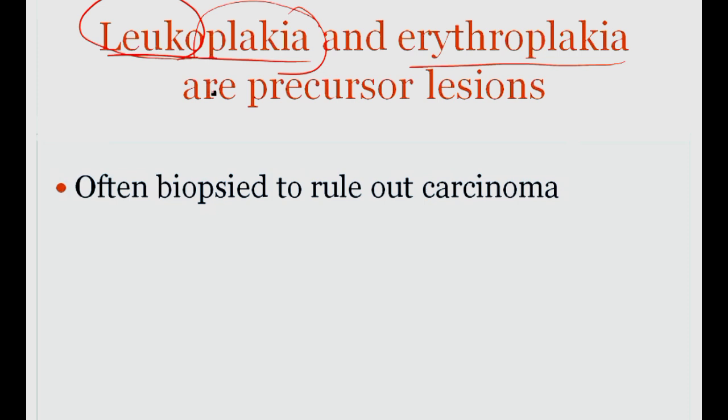Important to know that it's due to EBV, associated with an immunocompromised state, and it only represents hyperplasia of the squamous mucosa. There is no dysplasia there. So those are two things that you need to be able to distinguish from true leukoplakia, that is oral candidiasis and hairy leukoplakia.